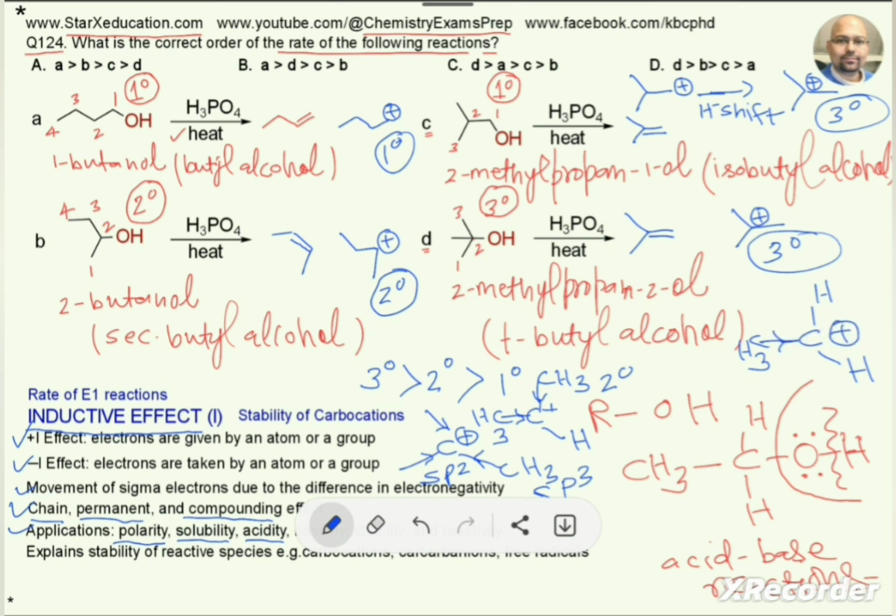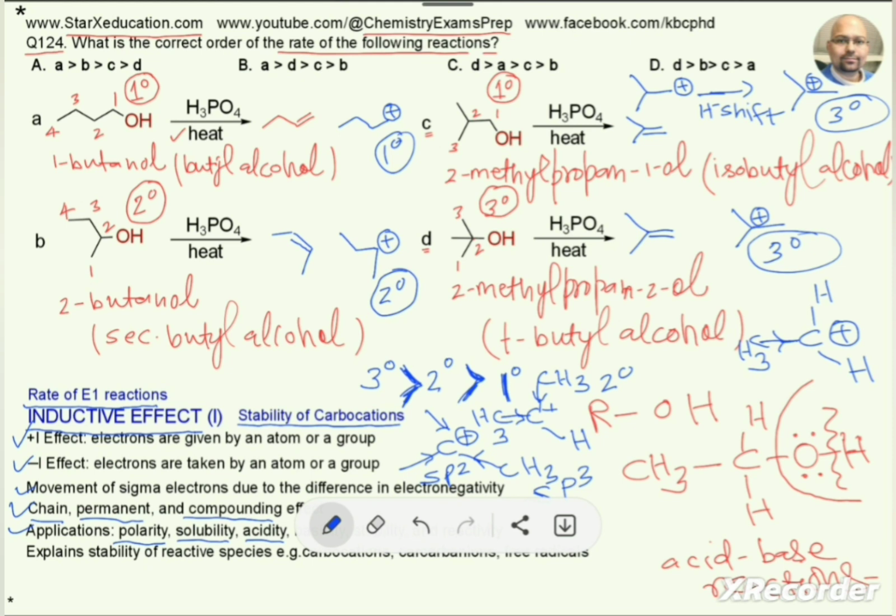And that's the reason that tertiary carbocations are more stable than secondary, and secondary carbocations are more stable than primary carbocations. So these reactivities can be explained on the basis of inductive effect. So basically the question became the rate of elimination reactions, and that would be determined by stability of carbocations based on the phenomenon of inductive effect.